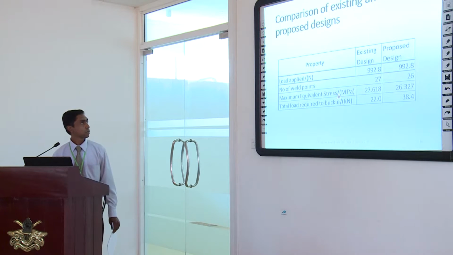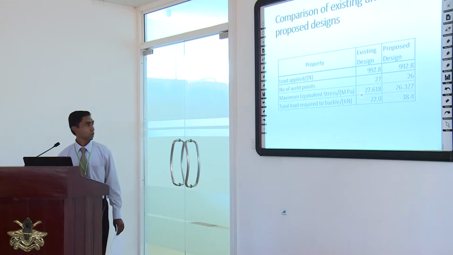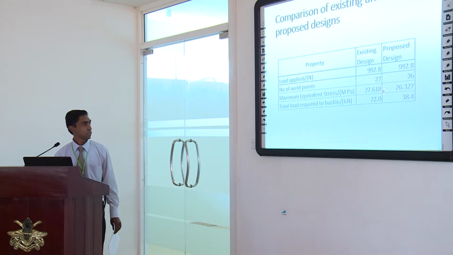These are the results for the existing and proposed designs. The same load was applied, the number of weld points is reduced, and the maximum stress is much lower in the proposed design. Buckling load was also considered, and the capacity of the new design is increased.